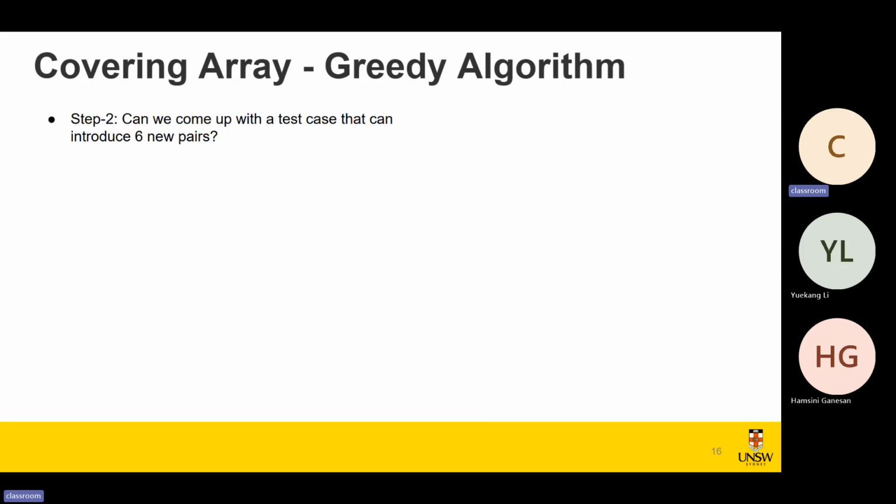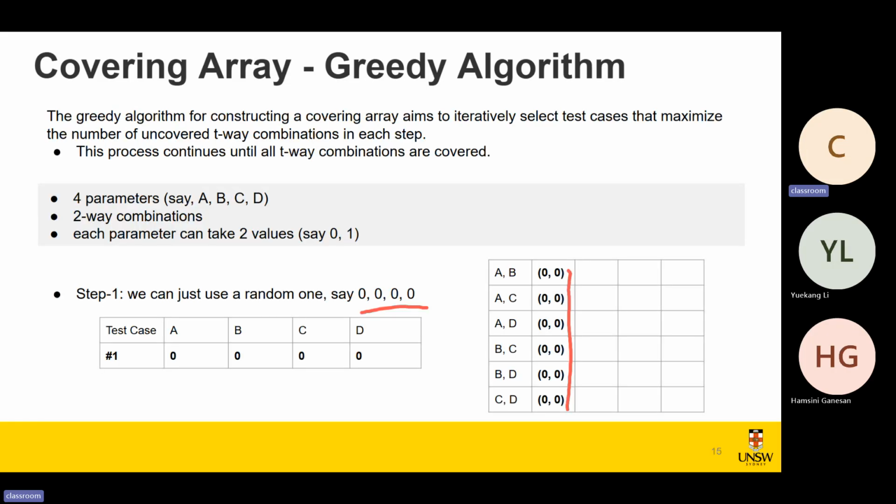So now let's do step 2. We have 6 pairs of input parameters for us to try to cover, right? Given this existing test case, can we come up with another test case that can bring new combinations for all 6 pairs?